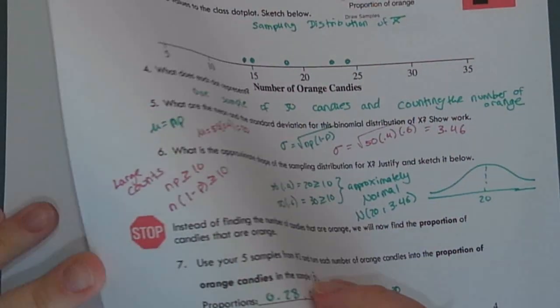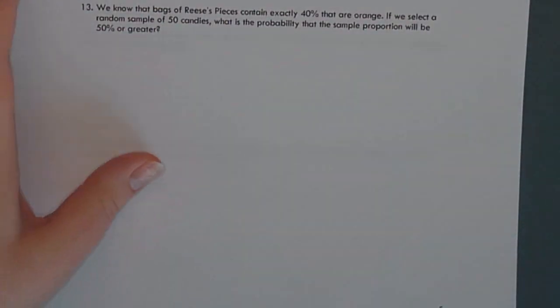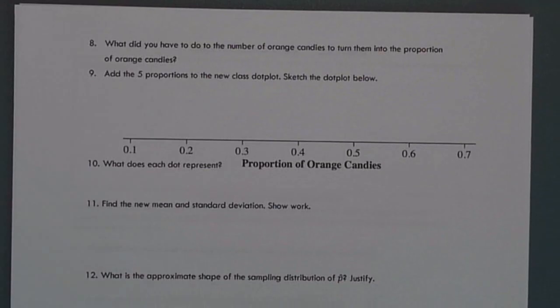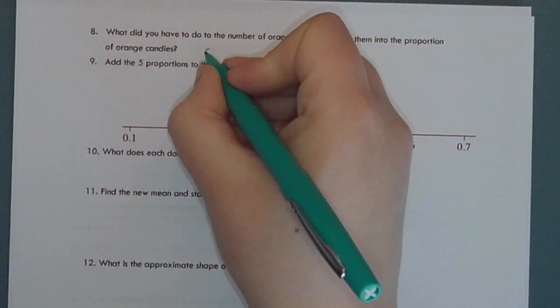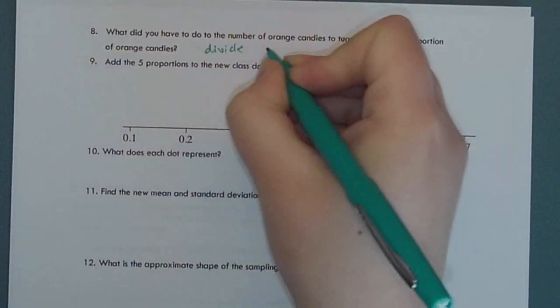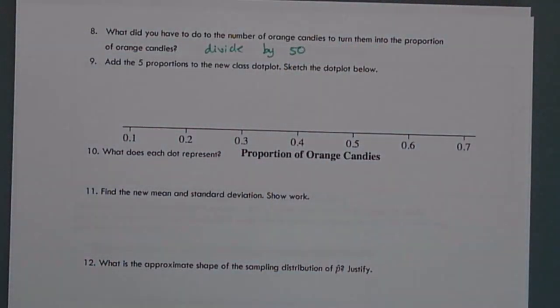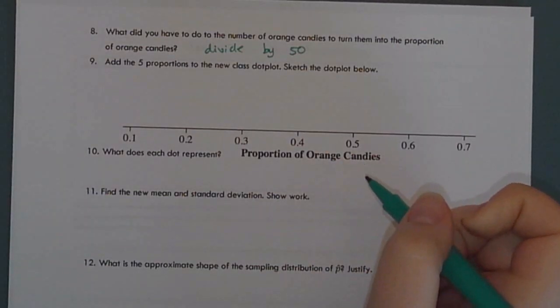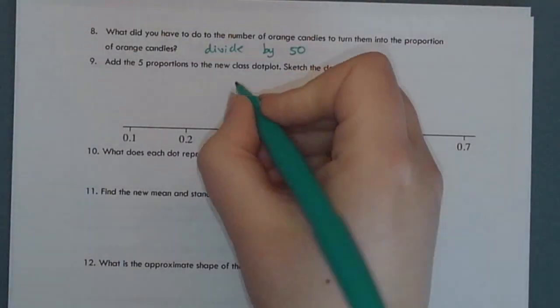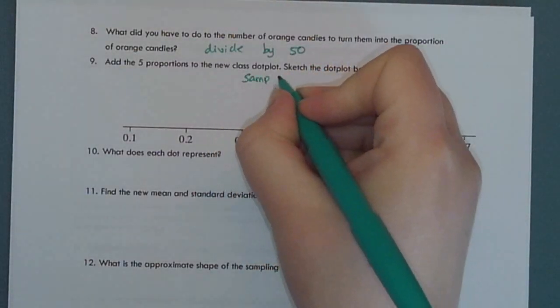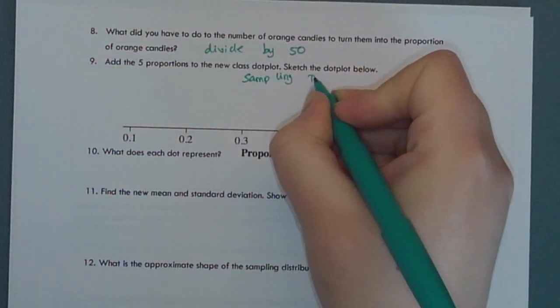What did you do to the number of orange candies to turn them into proportions of orange candies? We divide by 50. So hopefully you were able to do that with your own numbers and get decimals. Now once again, for your sampling distribution, share your numbers among each other and make some sampling distributions on your papers.